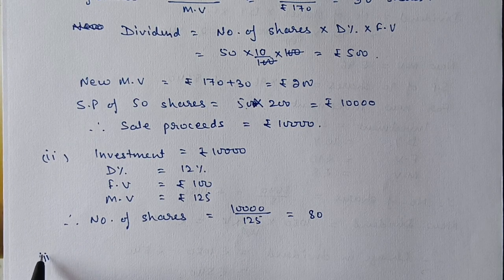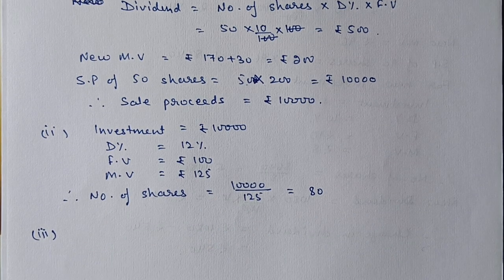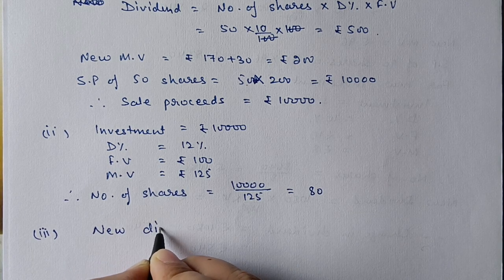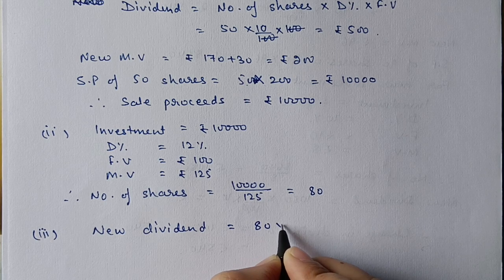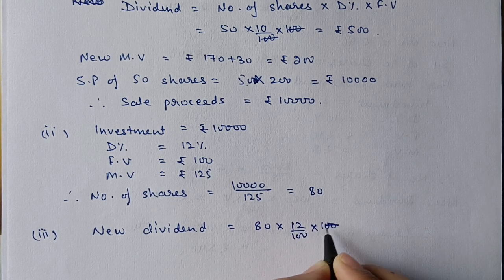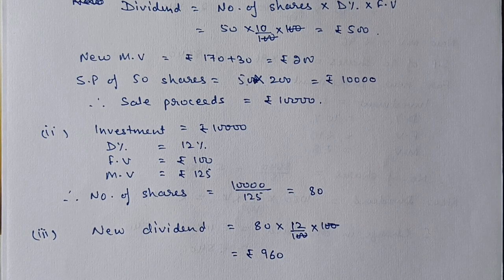For the third part we have to find out the change in annual income. So first we will calculate the annual income from these shares. So the new dividend is equal to number of shares into dividend percentage into face value. So we are getting 960 rupees as new dividend.